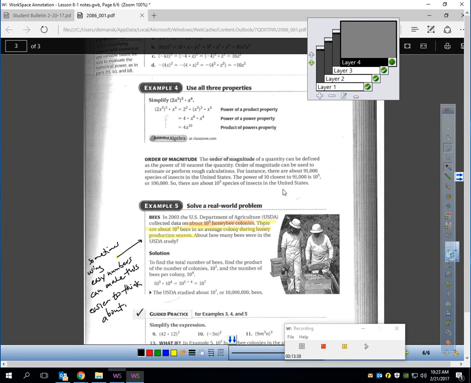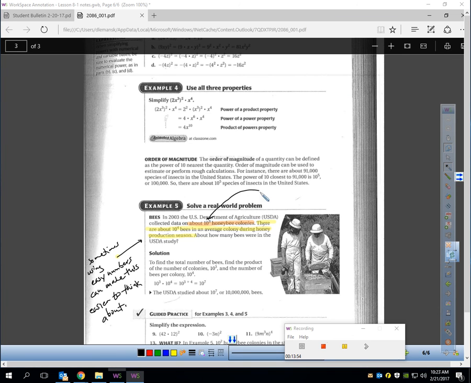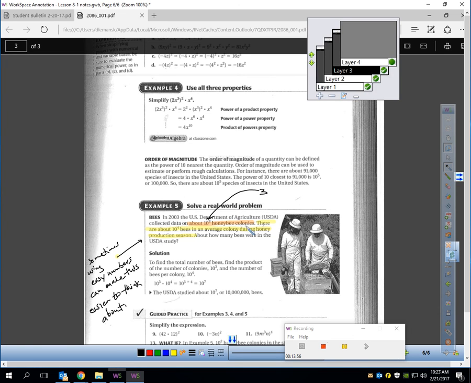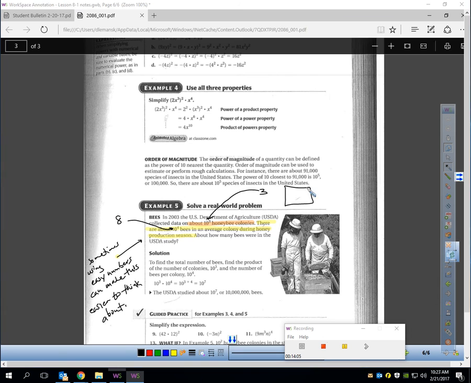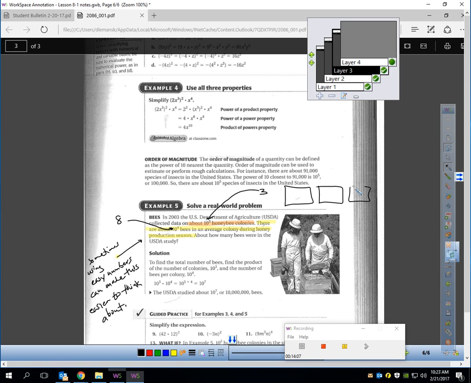Let's just pretend that we had 3 honeybee colonies, and in each colony there were 8 bees. So if I had 3 colonies, 1, 2, 3, and I had 8 bees in each one, what would I do to figure out how many bees there were? Well, I would take 3 times 8. I have 3 colonies, 8 bees. The answer would be 3 times 8, right?